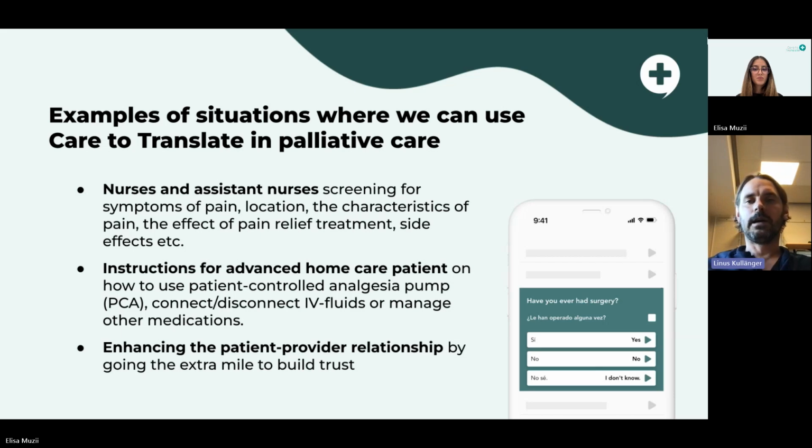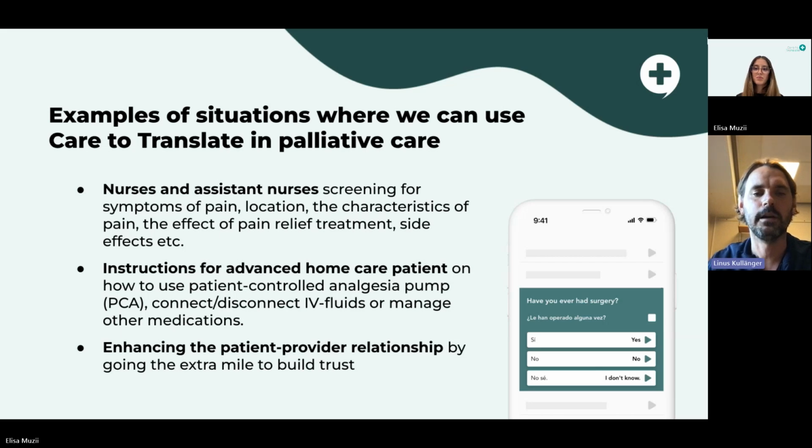We can also instruct them to connect or disconnect the IV fluids or manage other types of medications, which helps them be more autonomous as persons, which is of course something everybody benefits from.